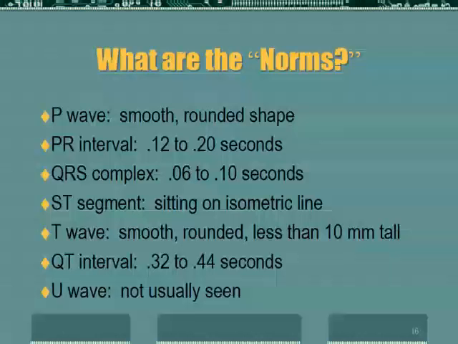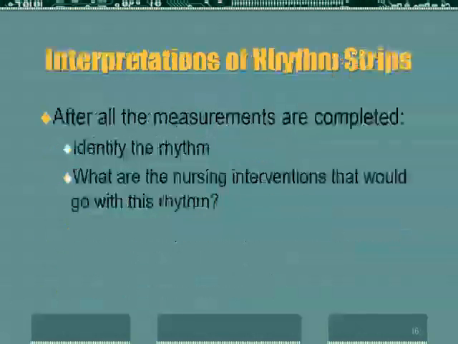And the QT interval should be somewhere between 0.32 and 0.44 seconds if the patient has a heart rate within a normal range. QT intervals for children are different, and we're not going to go over pediatric normals. That'll be something that you can cover at a later date. The U wave, like I said, is not typically seen. A lot of times it represents a low potassium level in patients.